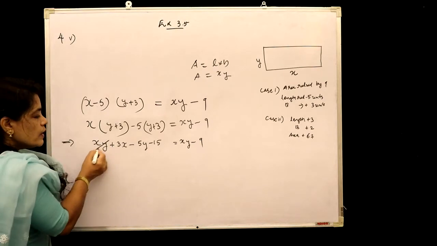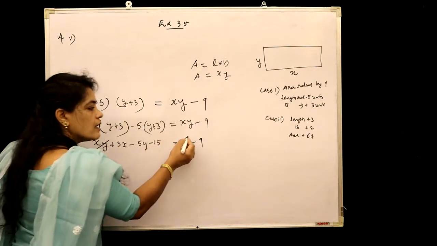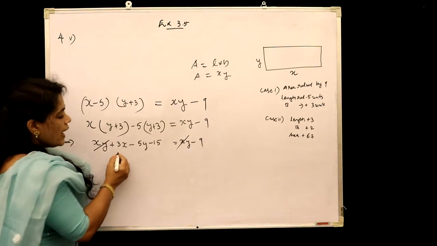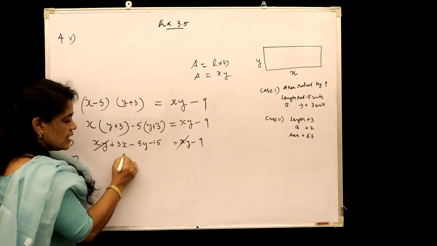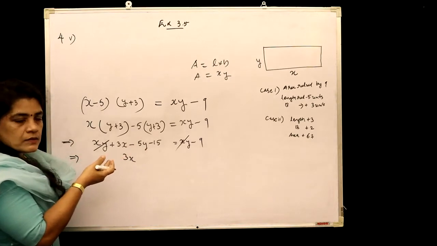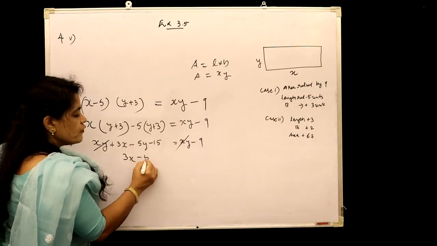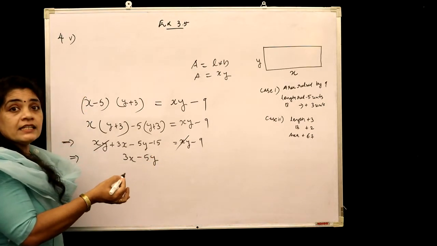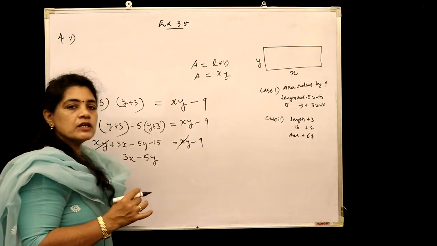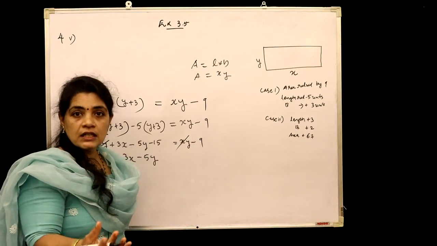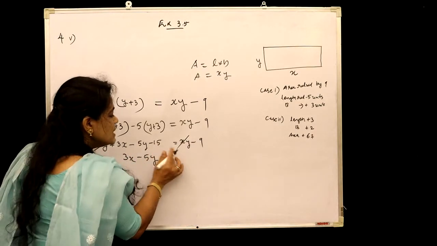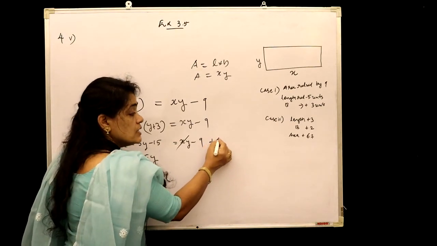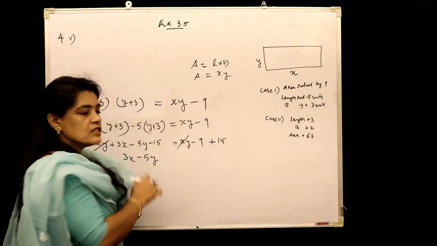The positive xy on the LHS and the positive xy on the RHS get cancelled. We have 3x minus 5y, with no other like terms. Here we have negative 15. We are solving the equation, keeping the constant on the RHS, so negative 15 comes to the RHS as positive 15. Negative 9 is already there.